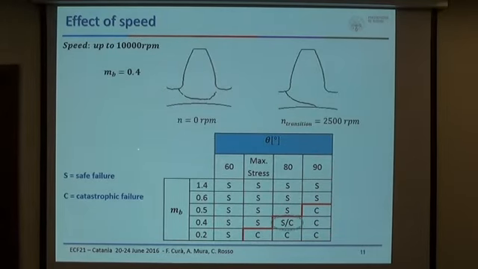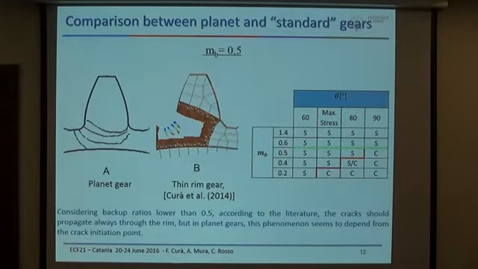Then we added a not negligible speed, up to 10,000 RPM, and we noticed that for one test case, the one with backup ratio 0.4, the crack propagation changed direction from safe, through the tooth, to through the rim. In the other case, we noticed a certain change in the crack direction, but the change was not enough to alter the propagation path.